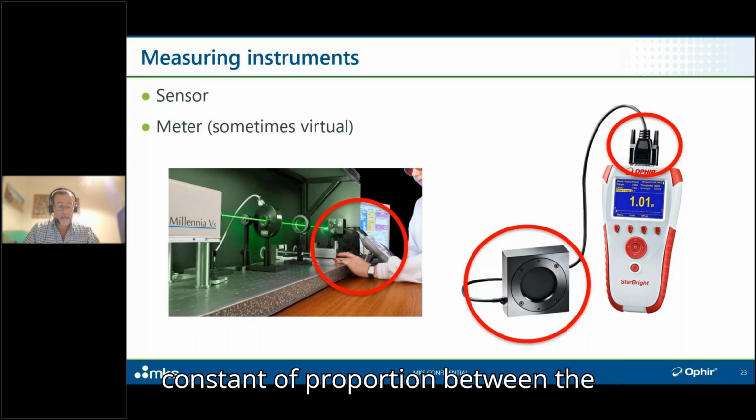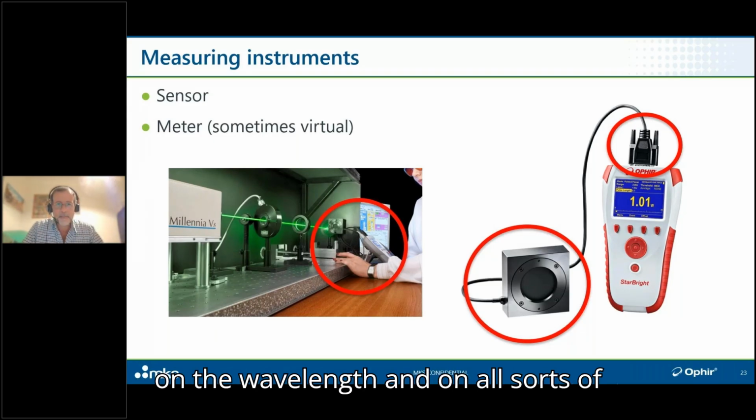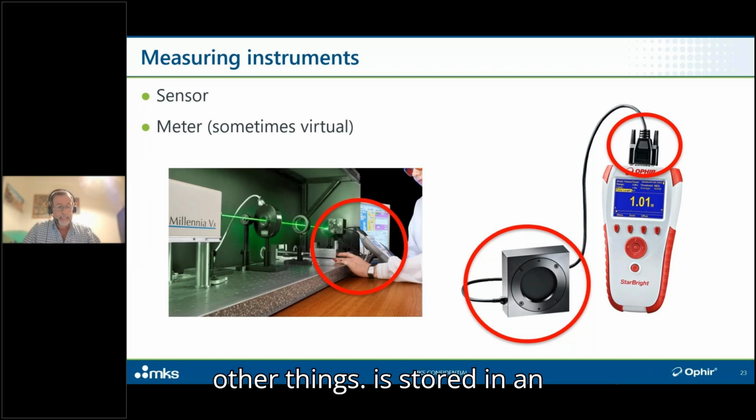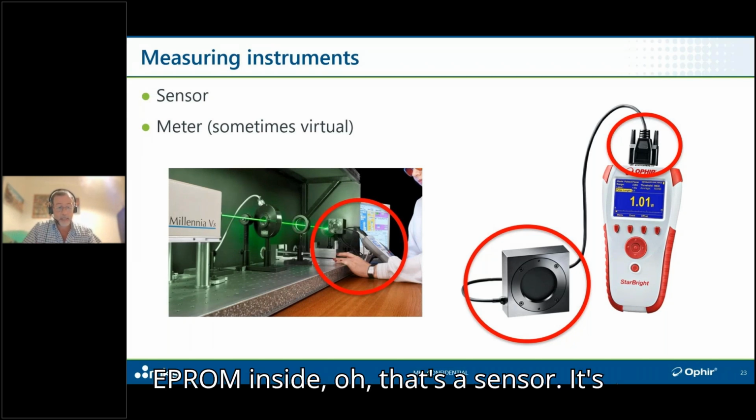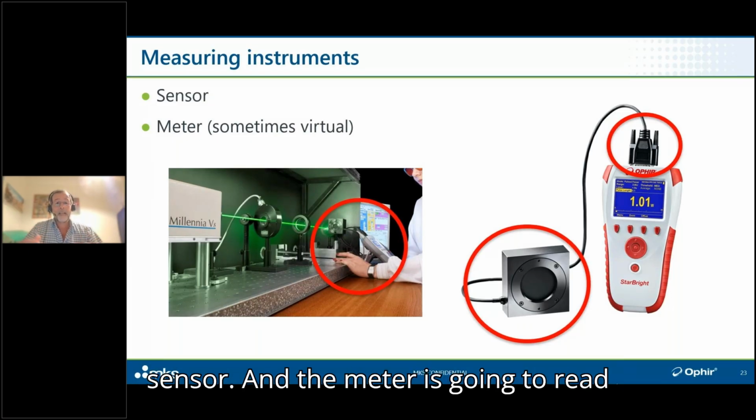The meter, some manufacturers call it a display, as I said, console, controller. Every manufacturer uses their own terminology. That's the user-facing end, which measures that analog signal coming out of the sensor. So Ophir meters are, in essence, very sophisticated current meters.